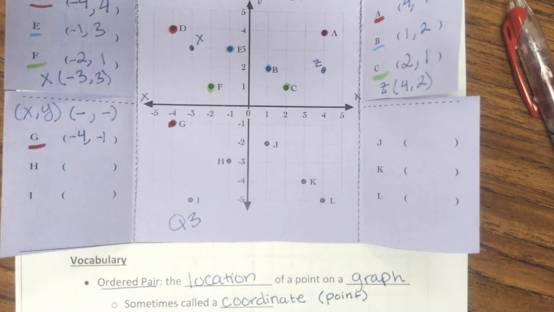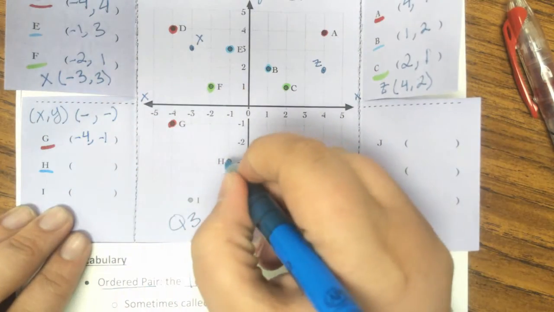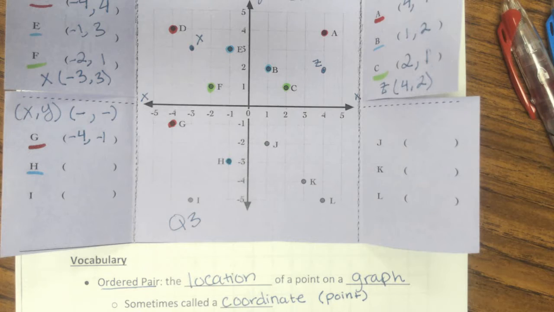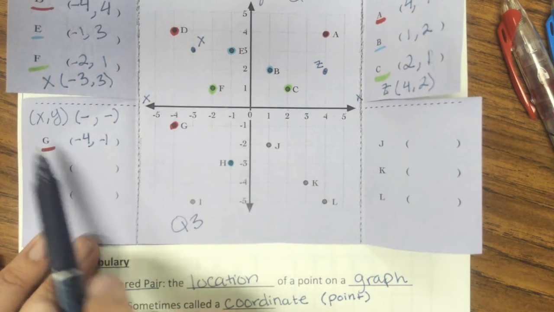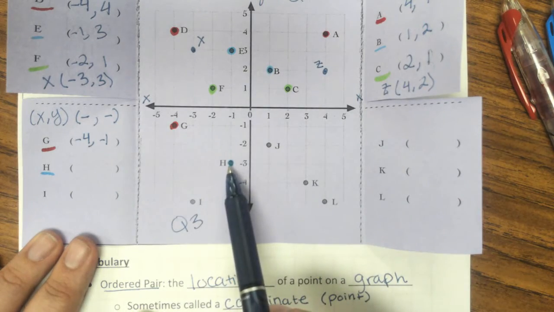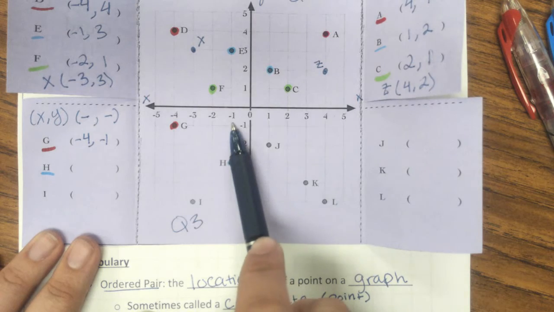Find point H. To write the ordered pair for H, we need an x value and then a y value. The number on the x number line, the side-to-side number line, for H is -1.